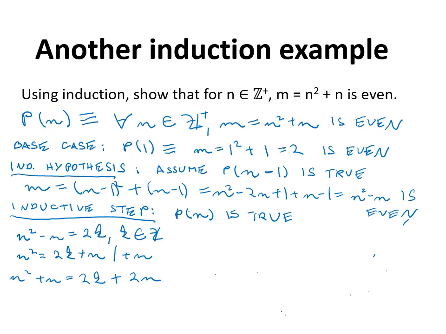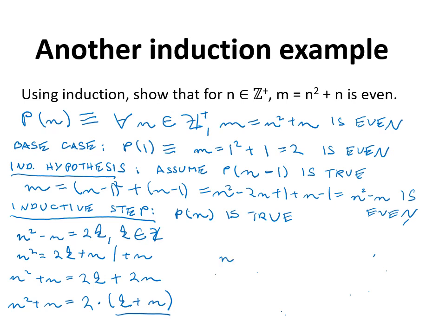So let's factor out 2. So we get n squared plus n is equal to 2 times k plus n. Okay. Now, because we know that k and n are both integers and that integers are closed under addition, we can substitute k plus n by another integer.